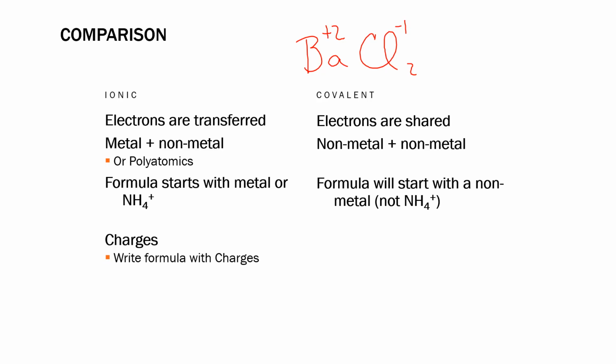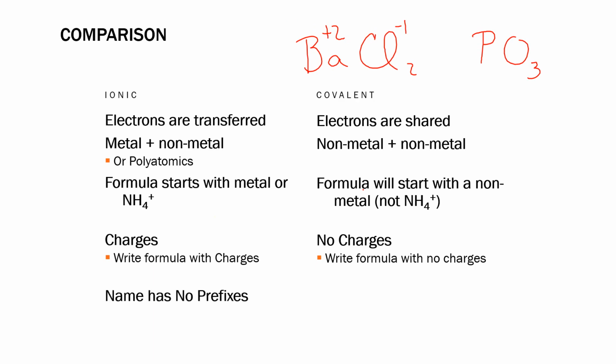But if you had a covalent compound, say phosphorus trioxide, and we know it's a covalent compound because it starts with a nonmetal, then I know that this would have no charges. So you must write charges on formulas for ionics, and must not write charges on elements in a covalent compound.